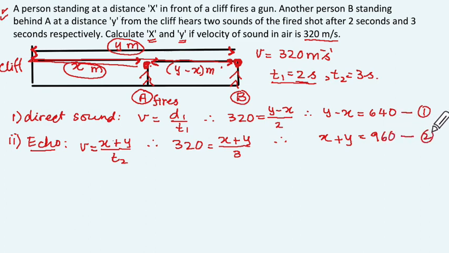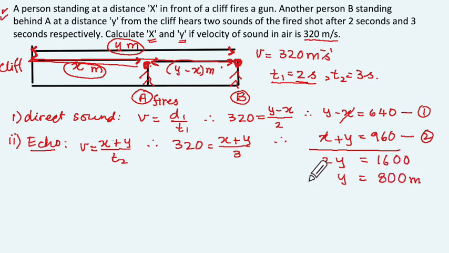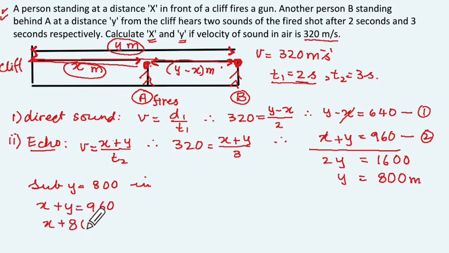That is our equation 2, and then the x gets cancelled and you will have 2y equal to 1600. So y is equal to 800 meter. Now substitute y equal to 800 in x plus y equal to 960, and you will have x plus 800 equal to 960, and your x will be equal to 960 minus 800, that is 160 meters.